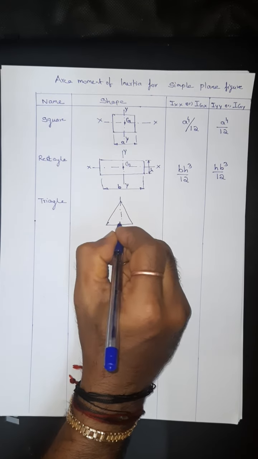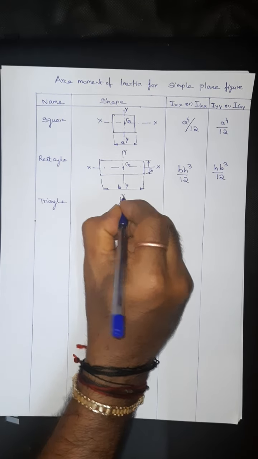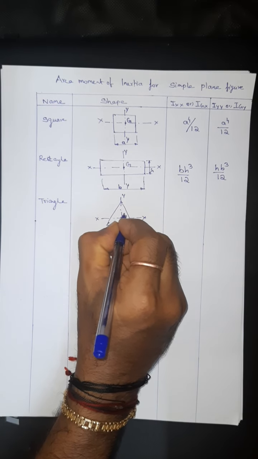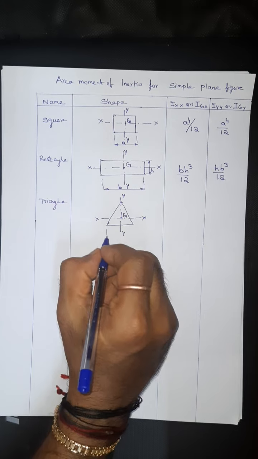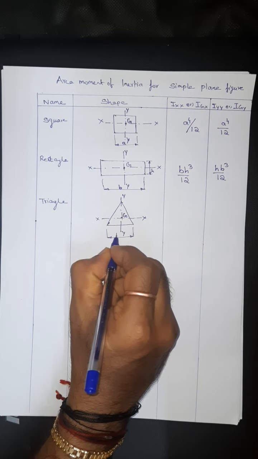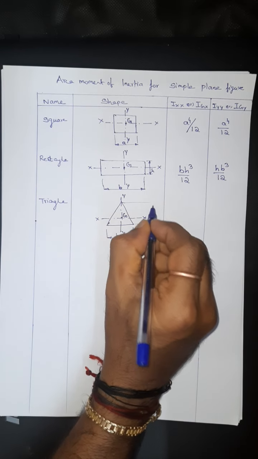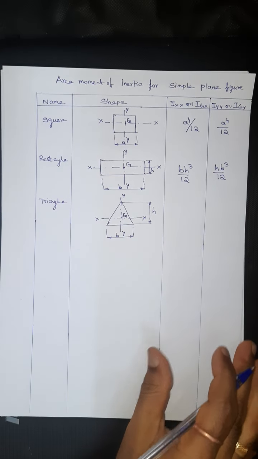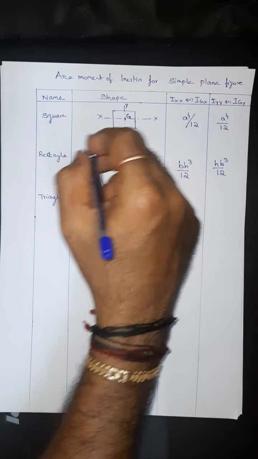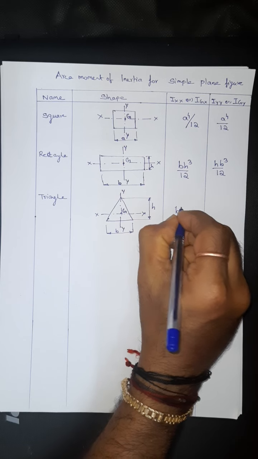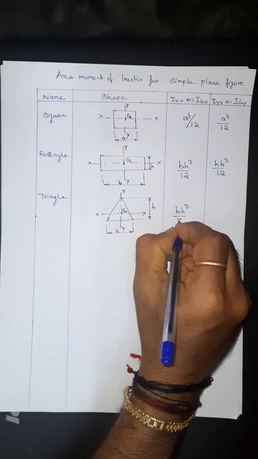Its centroidal axis, this as YY, and its horizontal axis is nothing but XX, and the intersection point as G. The breadth of the triangle can be denoted as B, and its height can be denoted as H. And along the XX axis, the central axis XX, it can be denoted as BH cube by 36.